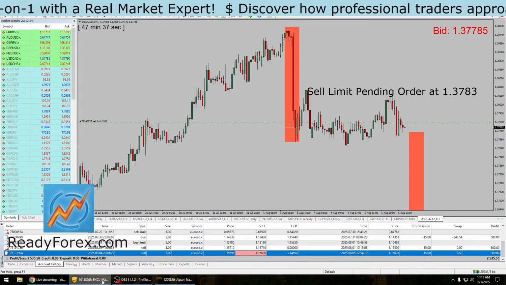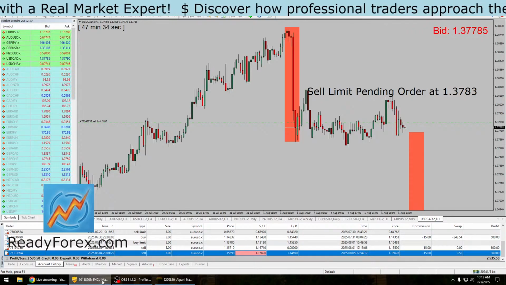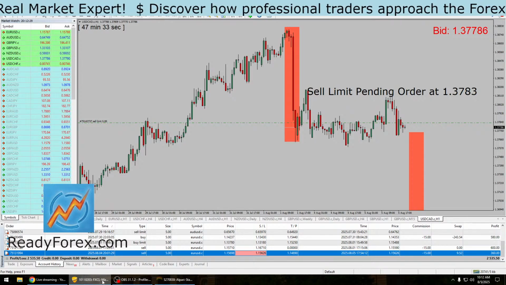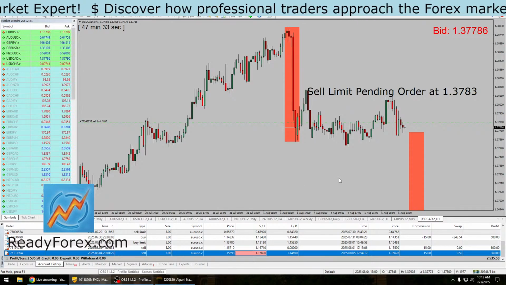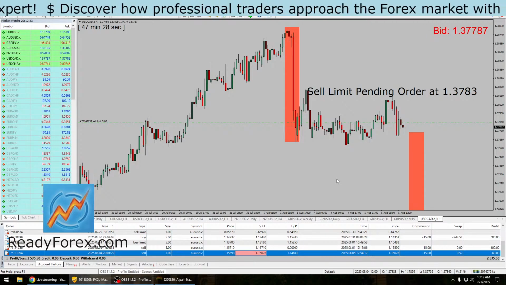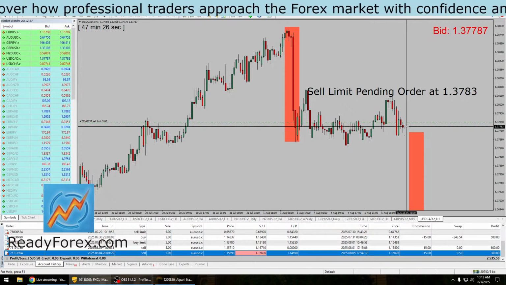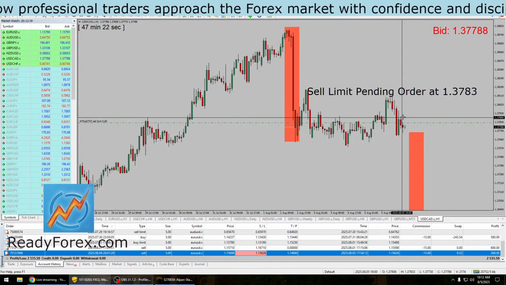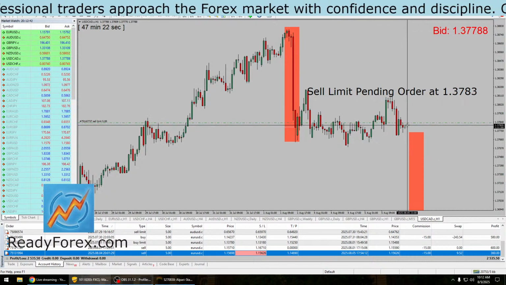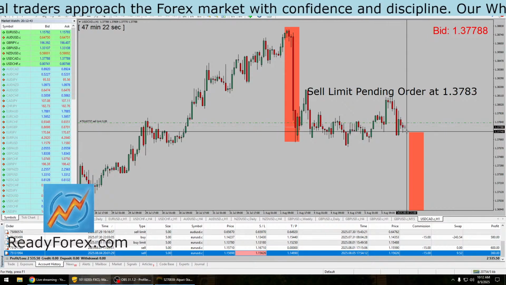Let me see what's going on over here. Okay, no fill so far. Still waiting for the price action to rise back up over here.